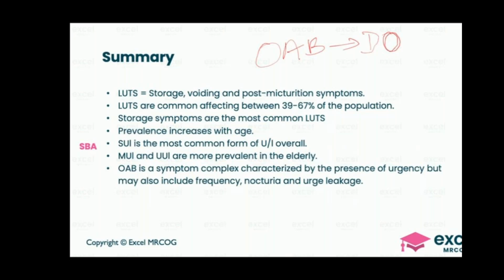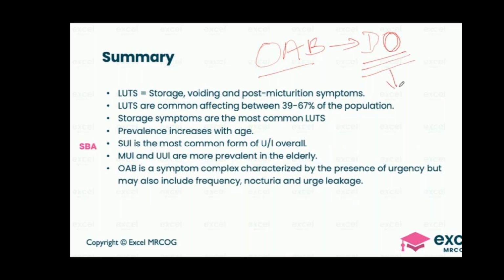Now, what is the difference between OAB and detrusor overactivity? This is important because you can get questions in the exam wherein you may have to choose from OAB and detrusor overactivity, and you would get confused when both options are there in the scenario. OAB is the symptom complex. What is detrusor overactivity?